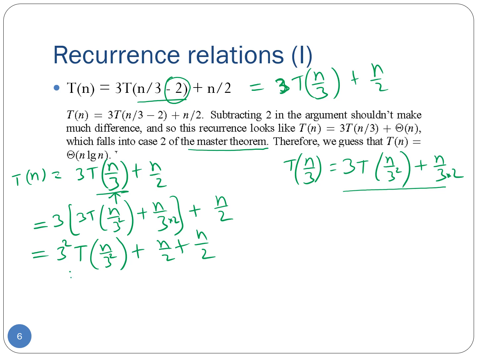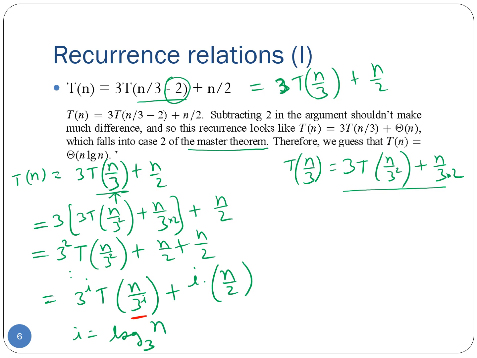As you can see, the ith term would look like this. You have 3 to the power i T of n upon 3 to the power i plus i times n by 2. Now for what value of i would this n upon 3 to the power i go down to 1, right? So that happens for i is equal to log to base 3 of n. So let's substitute i is equal to log to base 3 of n in this expression.